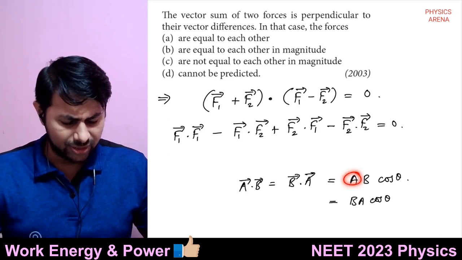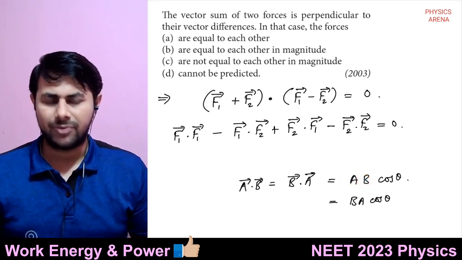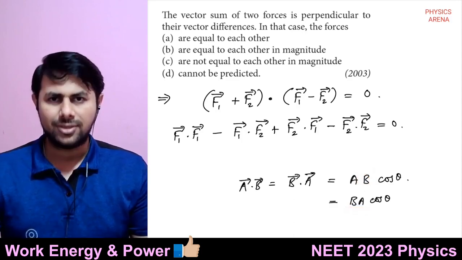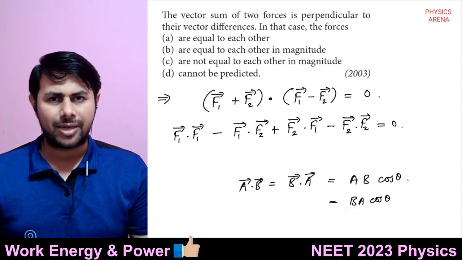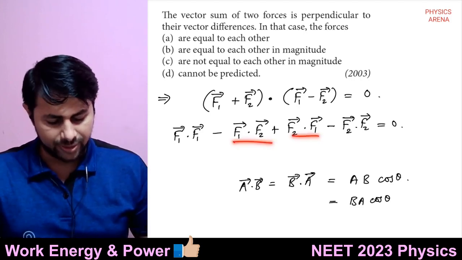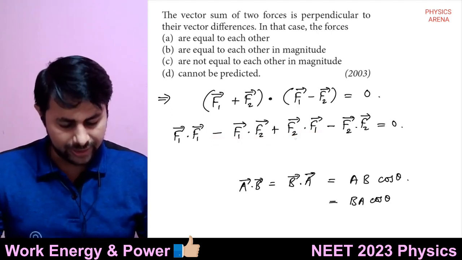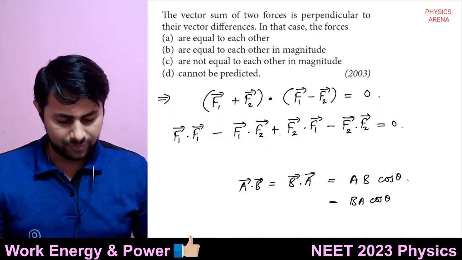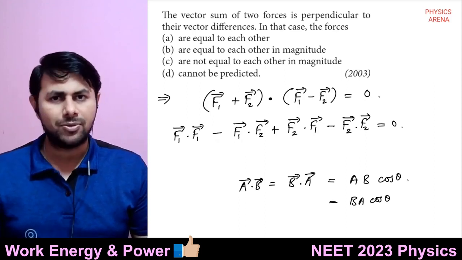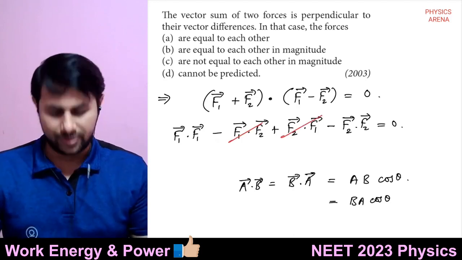These are magnitudes, that means numbers, so a times b is equal to b times a. There is no difference. So a bar dot b bar is equal to b bar dot a bar, and therefore f1 bar dot f2 bar and f2 bar dot f1 bar, with the negative sign, get cancelled out.